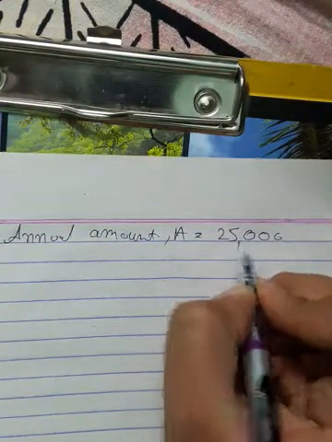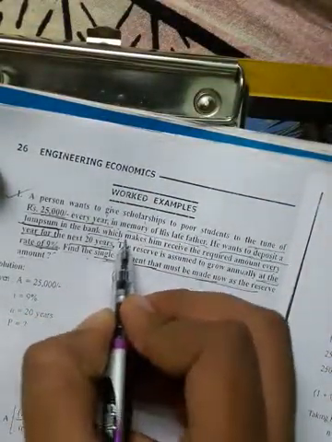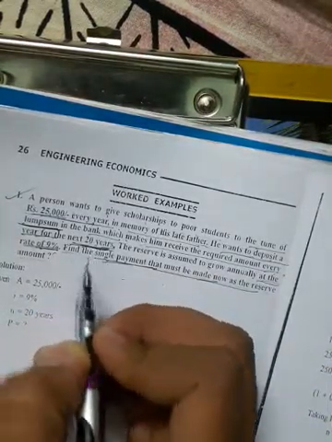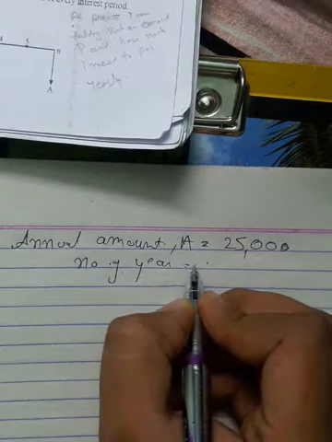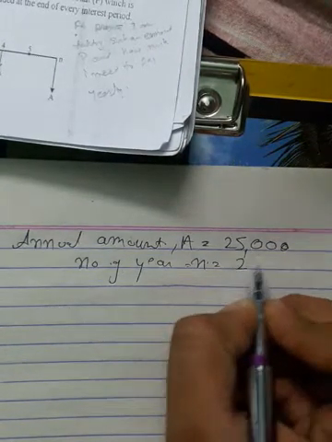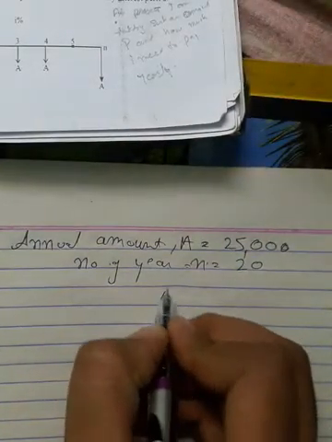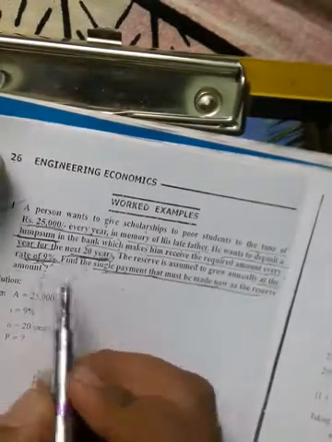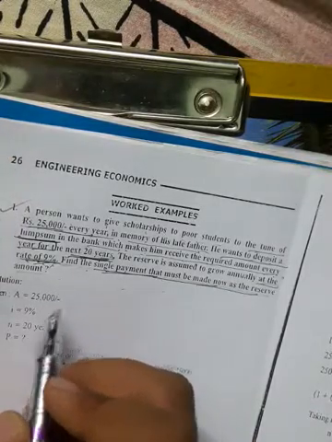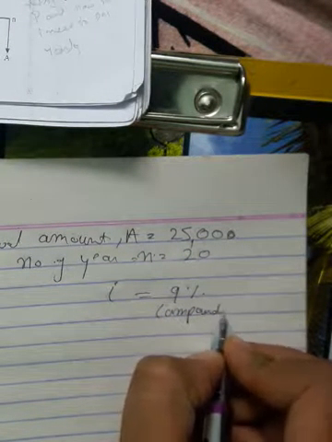It is further said to deposit a lump sum in the bank for the next 20 years, so the number of years n is 20. They also gave the interest rate i as 9%. They haven't said whether it is compounded annually or quarterly, so take it as compounded annually. Write it here, compounded annually.